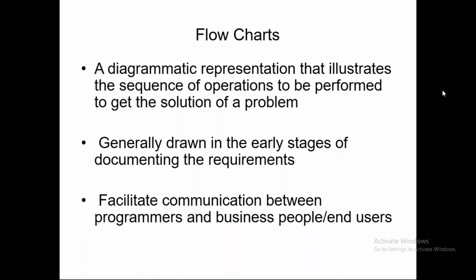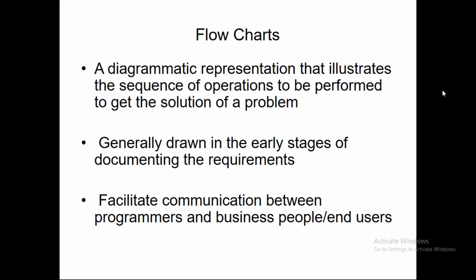So a flowchart is basically a diagrammatic representation that illustrates the sequence of operations to be performed to get the solution of a problem. It is generally drawn in the early stages of documenting the requirements.